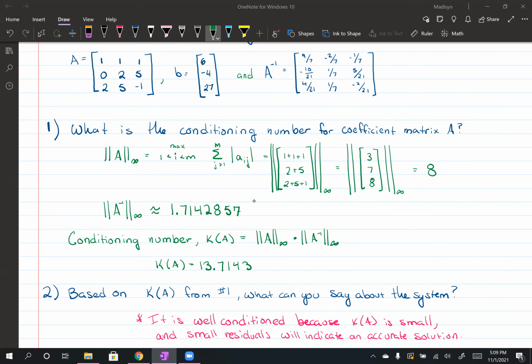Anyway, so in order to solve it, I worked out step by step finding the infinity norm of A, which is shown up here. So you add up your 1, 1, and 1, and that should leave you with a 3. Add up 0, 2, 5, and that's 7, 2, 5, and -1. Oh no, I think I've made a mistake. I always do this.